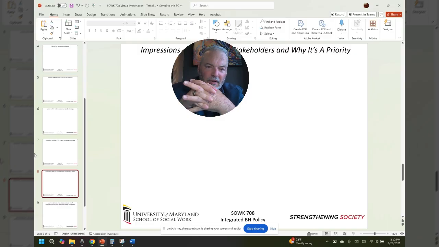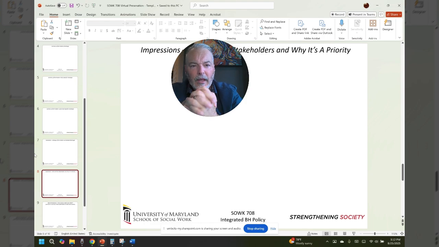So trying to identify a continuum of the most relevant stakeholders and why this is a priority to those stakeholders, right? For a consumer, a patient, a client, a family member of a patient or a client, that might be very obvious. For policymakers and people in positions of power, it may be less obvious to them. So why would it be a priority to those people, especially those for whom it may be less obvious?